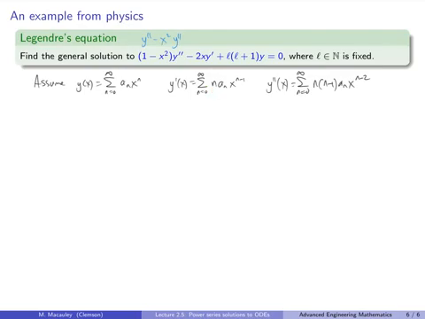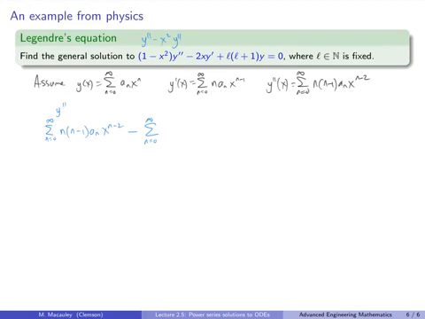So we plug this back in. Let's see. We get y double prime, which is the sum from n equals 0 to infinity of n times (n-1) times a_n times x^{n-2}, minus the sum from n equals 0 to infinity of the same thing, except we have to multiply by x squared.